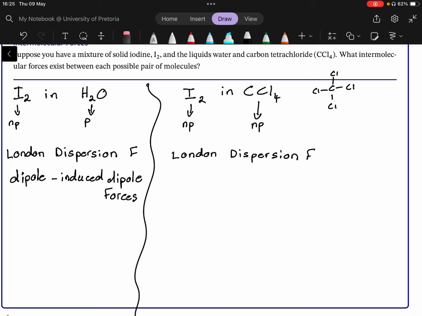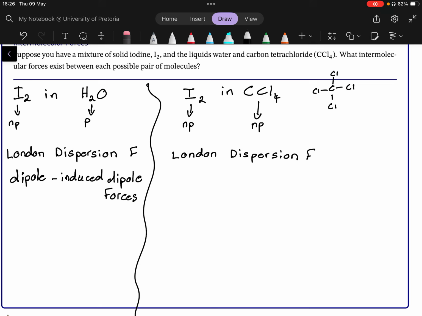So that's the difference between the intermolecular forces in these mixtures. When you have polar and non-polar, you'll have London dispersion, but also dipole-induced dipole forces. Whereas if you only have nonpolar molecules, then the only thing there is the induced dipole, otherwise known as the London dispersion forces. So typically, the question is, in which one will it dissolve easier? Well, it will dissolve easier in the carbon tetrachloride.